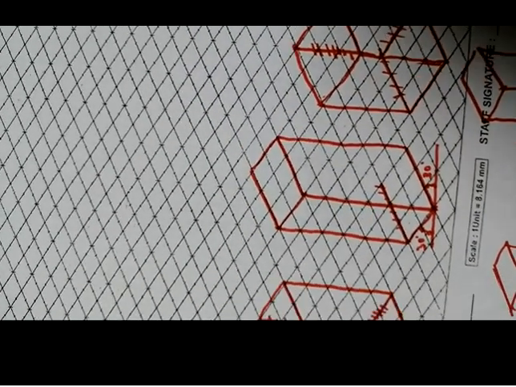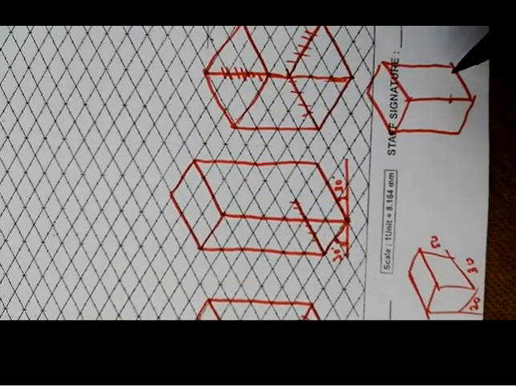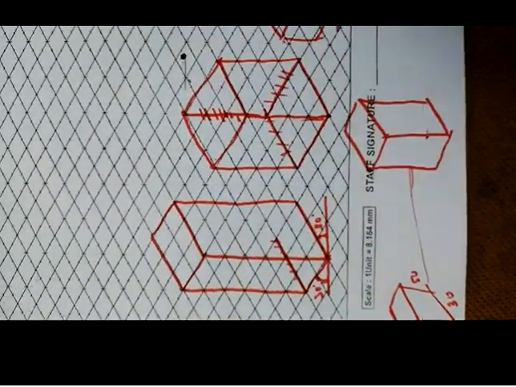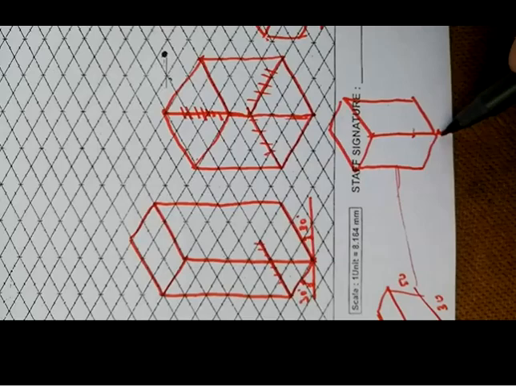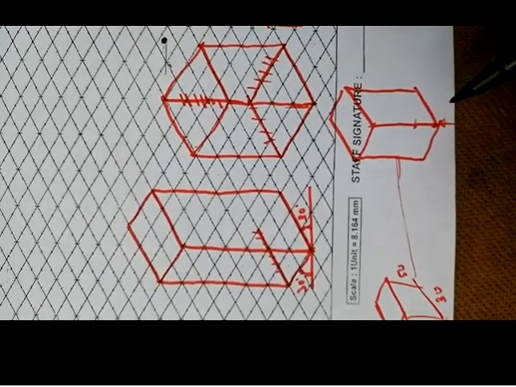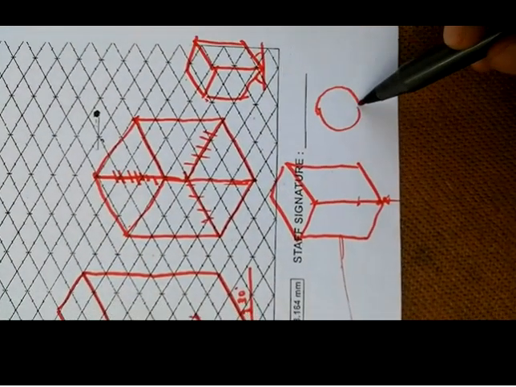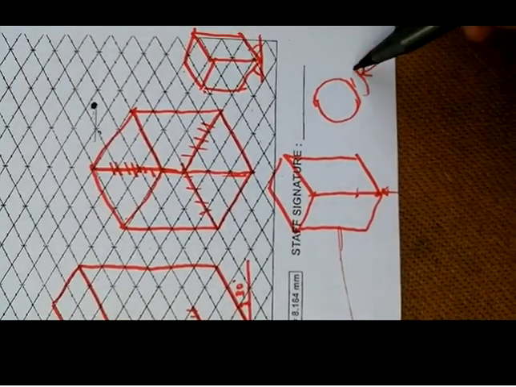That is because the square prism or rectangular prism, if you consider, you will observe from one particular corner.